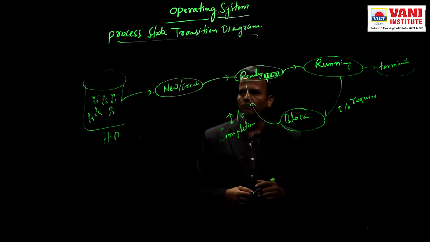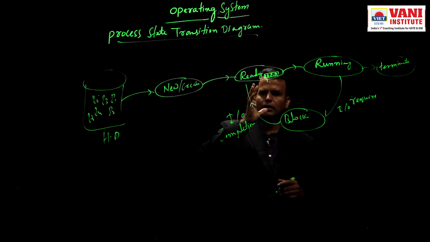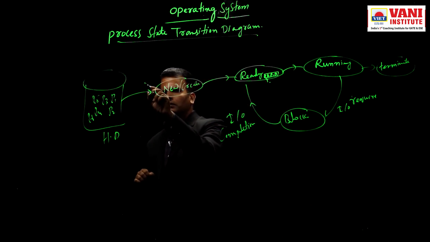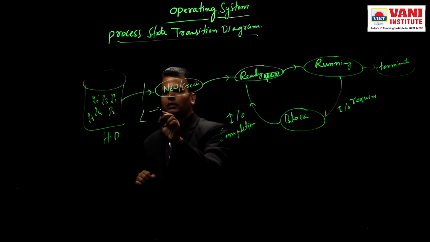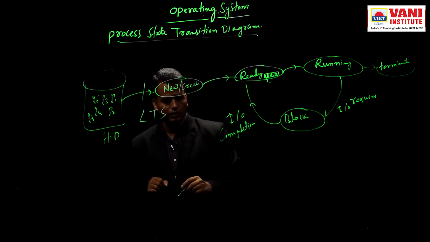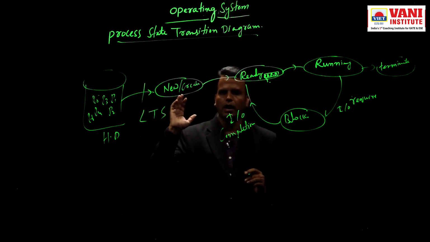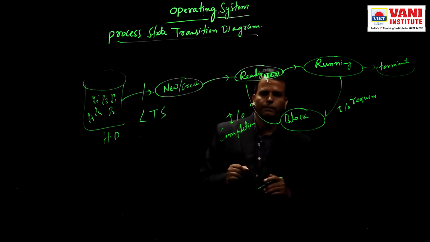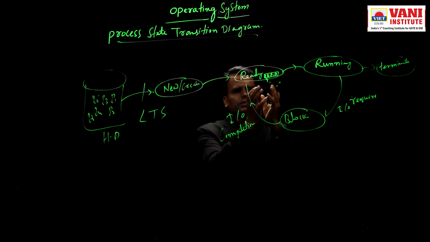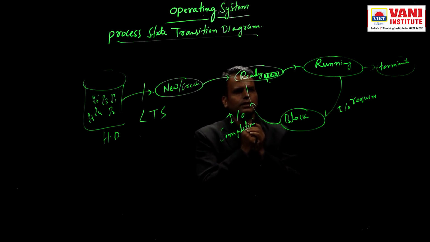Now, who will bring this program from the hard disk to the main memory? It is one type of scheduler called the long-term scheduler. The long-term scheduler is responsible for bringing the process from the hard disk to the main memory. Now, inside the ready state, 4 processes are waiting, P1, P2, P3 and P4, and all are waiting for the CPU.